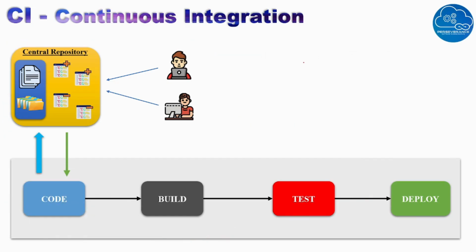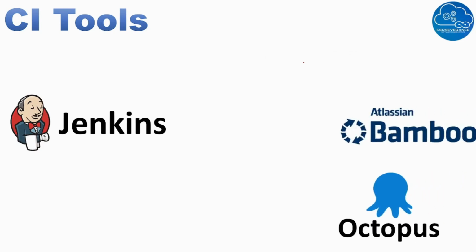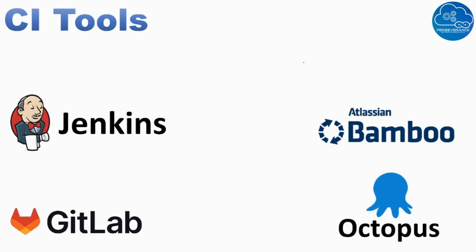For implementing this, we have many tools in the market like Jenkins, Bamboo, GitLab, Octopus, and many more. It depends on which tool you pick, but any tool works the same way.